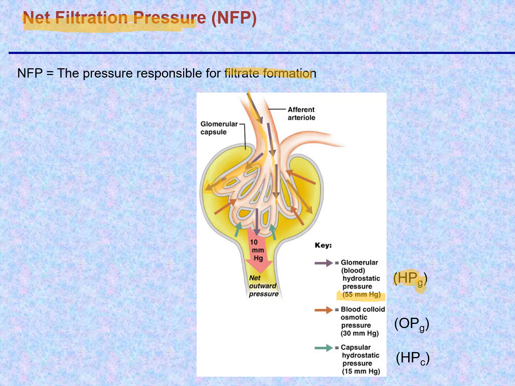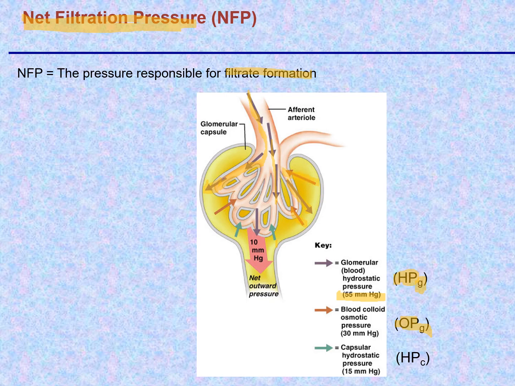Then you have the colloid osmotic pressure of the blood, or oncotic pressure, due to large protein molecules that can't escape and retain fluid in the glomerulus. That's abbreviated OPG, osmotic pressure of the glomerulus. That's an inward force, shown in these light brown arrows.